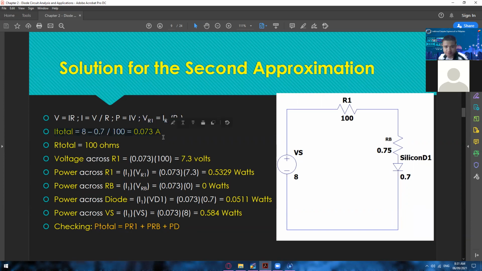Just that one. Would anyone like to answer? What if we have a reverse bias connection in this circuit? What will happen to our answers, especially to our I total?